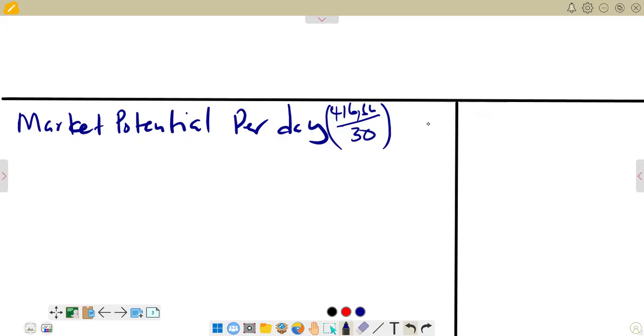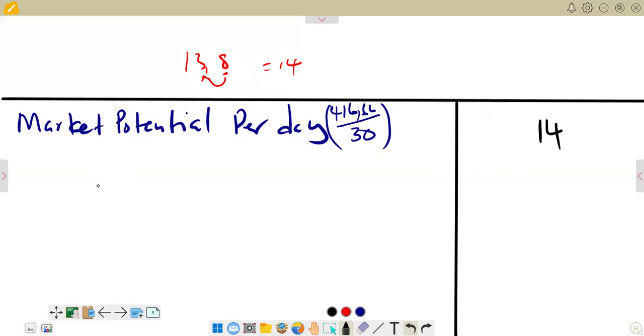If you divide 416.66 by 30 days, we are going to get 13.8. So if you round it off, the 8 changes the 3, and it becomes 14. So on the answer section, we are going to put 14. This is what we have in terms of market potential per day.